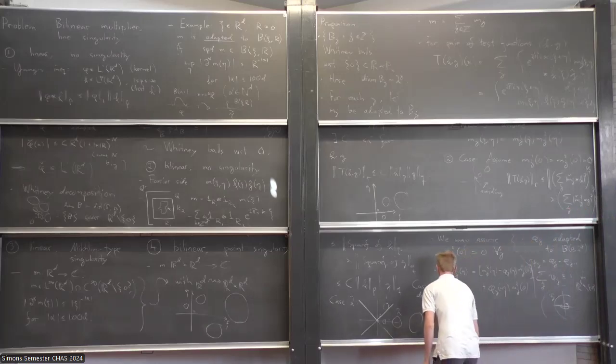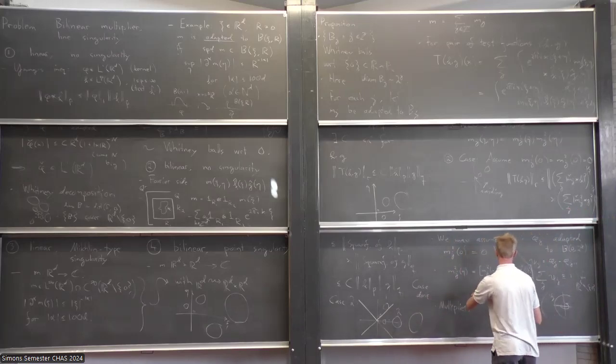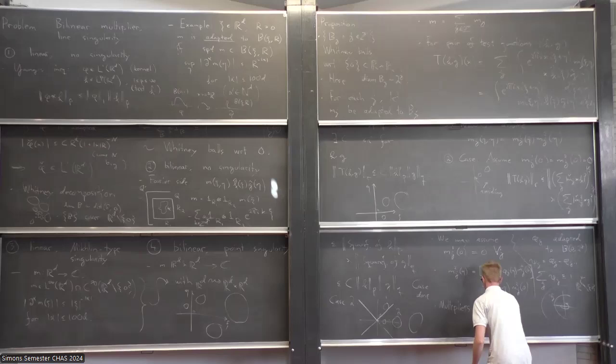So now we are left with several multipliers. So first, there is case 2 thing, case 1 thing.